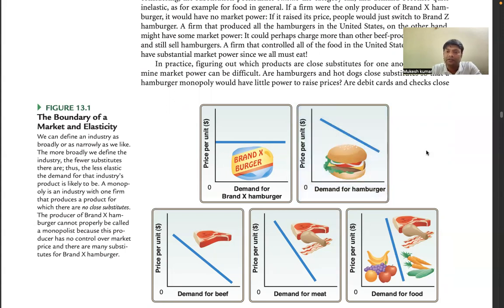Similarly, as we have just seen about the perfect competitive market, the industry is the aggregate of the firms. A single firm can't influence the market price, so a single firm faces a demand curve that is parallel to the horizontal axis, the perfectly elastic demand curve. But the industry, the aggregation of these firms, faces the downward sloping demand curve, and once the price is determined, that is given to every firm.